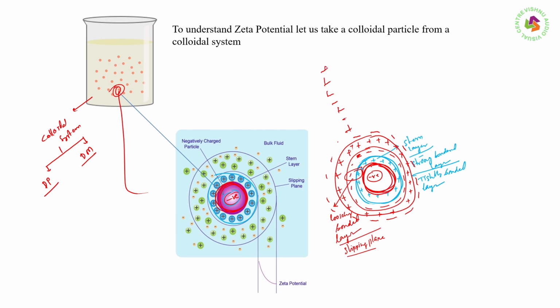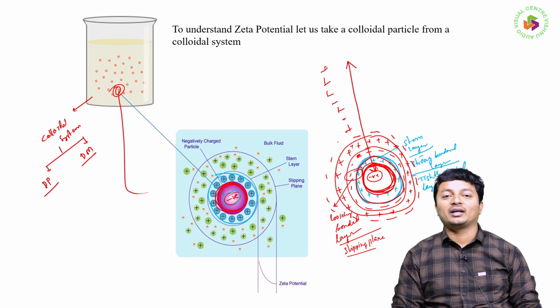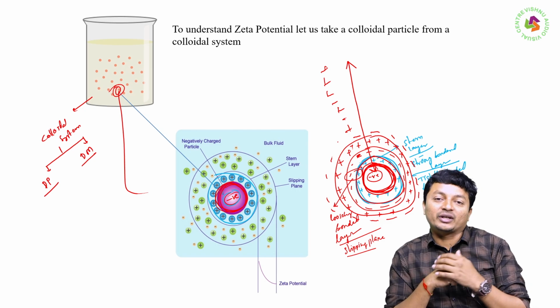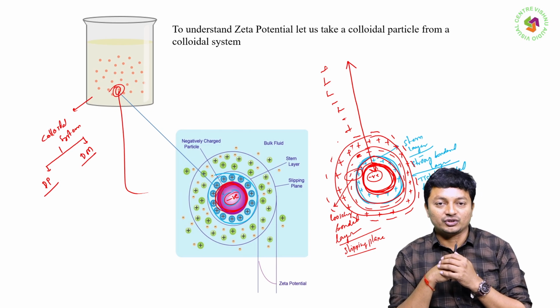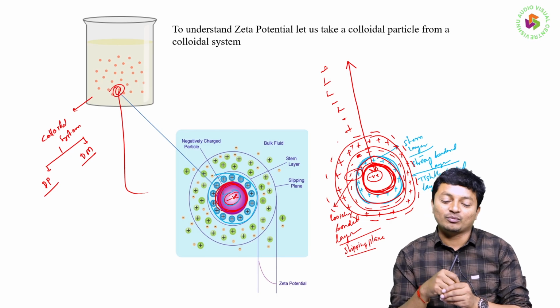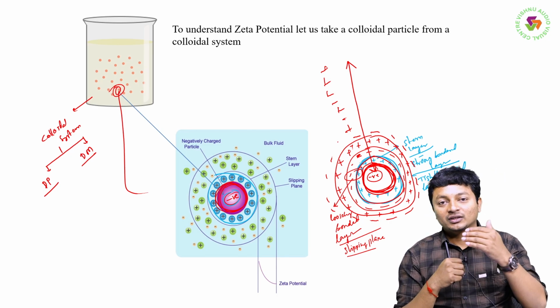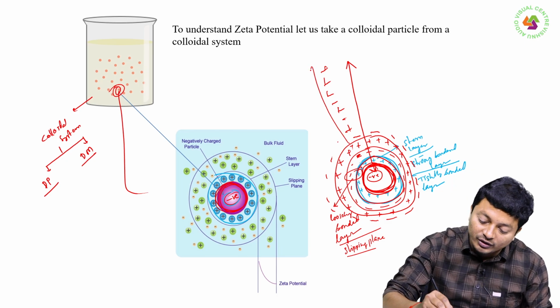If this is the center point, as the distance increases from the center point, from this strongly bonded layer, the rest of the layers will be considered as the loosely bonded layer, because there is no potential there. Where we have a strongly bonded layer, we can have more energy, and as the distance increases, positive molecules get attracted to negative, negative to positive, again positive to negative, again negative to positive, and like that the distance keeps increasing.